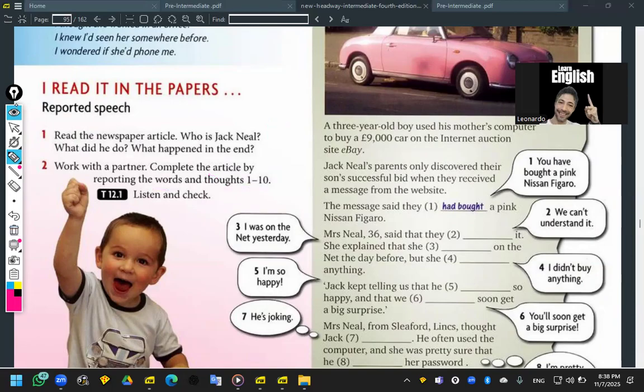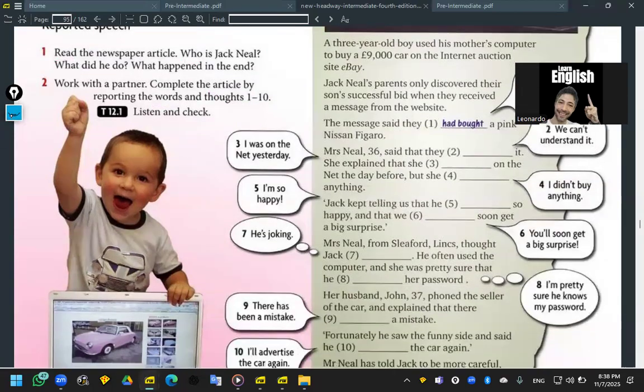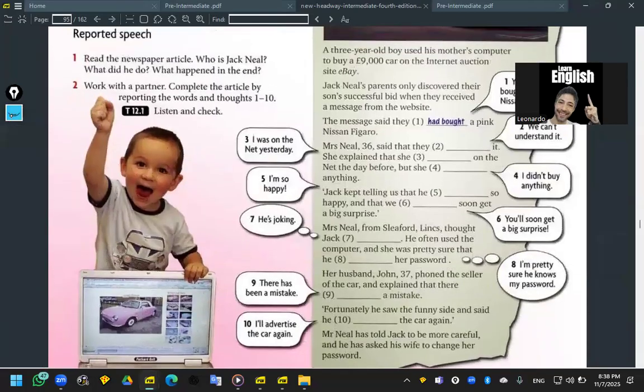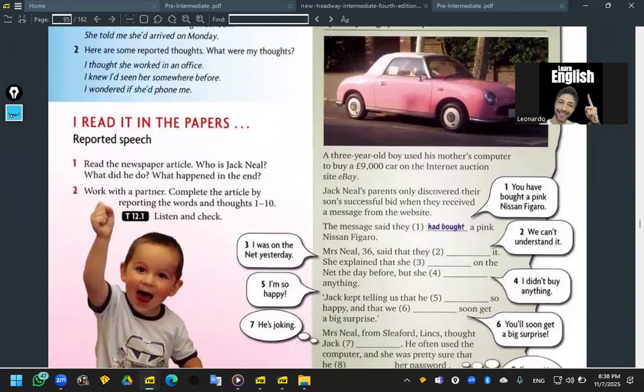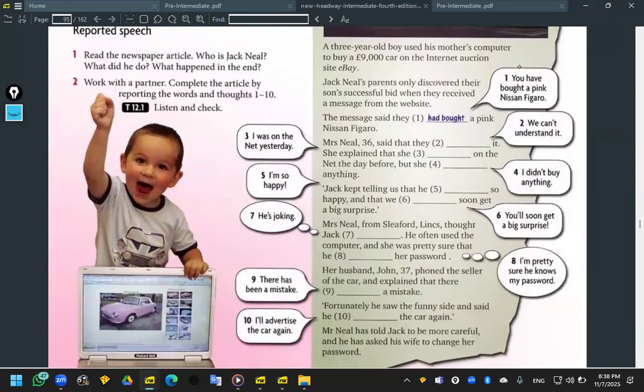These are the thoughts, guys. Let me zoom it out. You can zoom it in by using your fingers if you want. I'm going to do my best to show it to you in full screen. I'm going to give you 1 minute just to read the article. After that, we will listen to the recording.